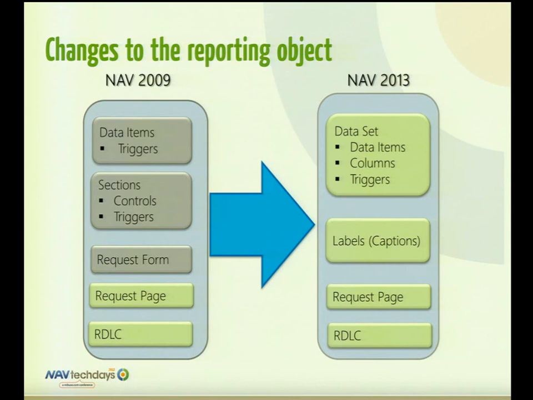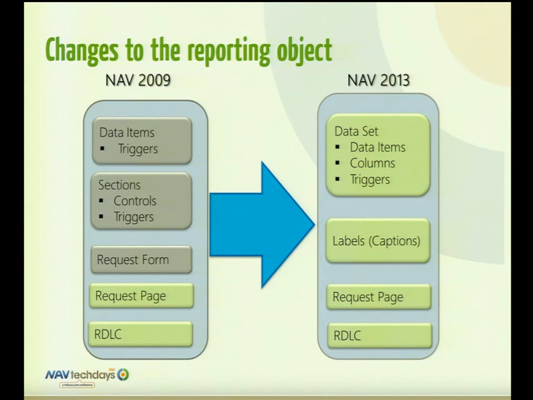What you see up here is what is contained inside a reporting object. To the left we have 2009, where, as you all know, we have the data item triggers, and we have sections with controls and triggers, the request form, and the two newcomers, which were what the RDLC reports in 2009 were built on.